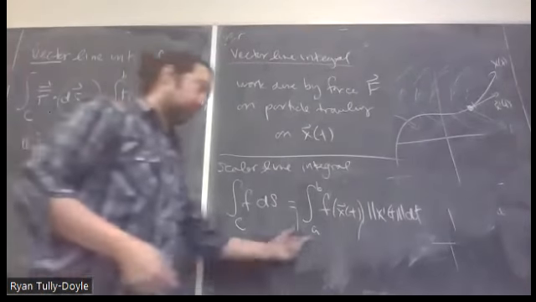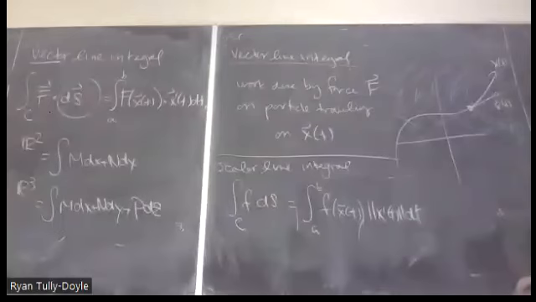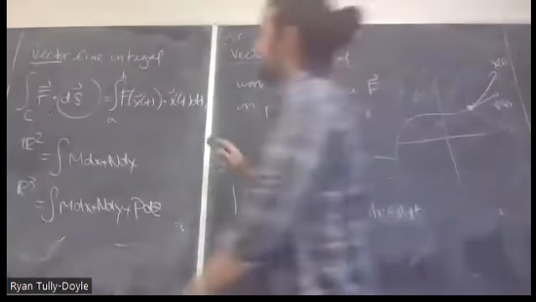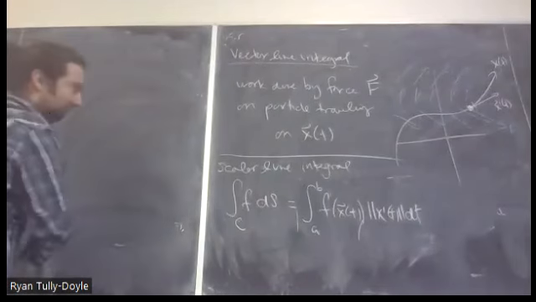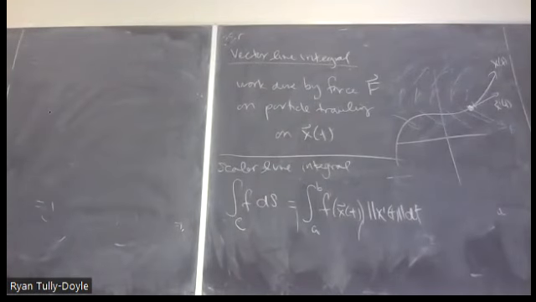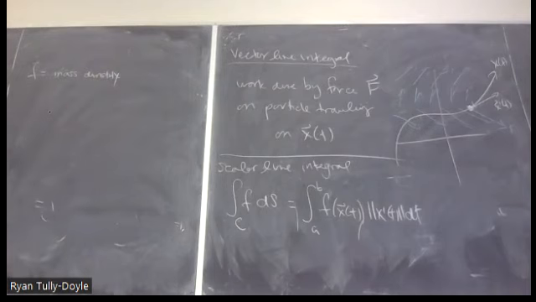And how do you interpret this? The easiest way to interpret a scalar line integral is this: say f is a function that assigns mass density, so you give me a point, I tell you what the density of some material is at that point.